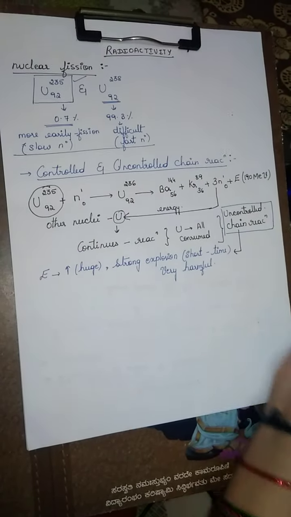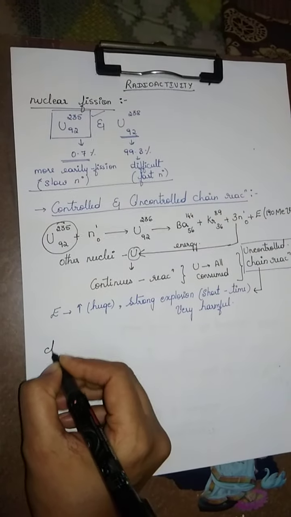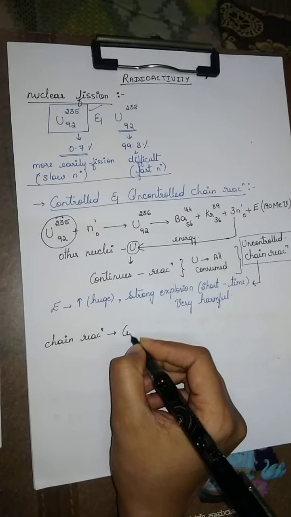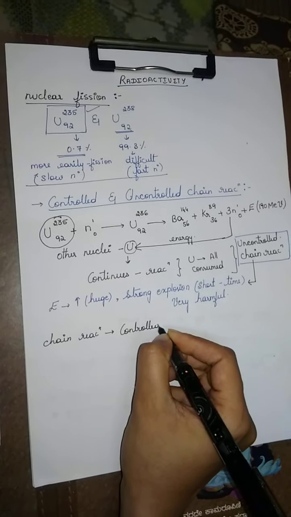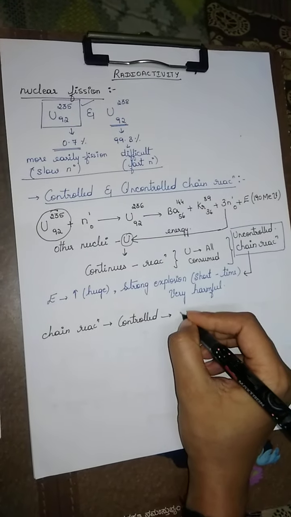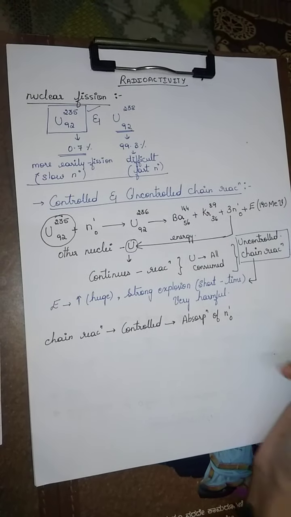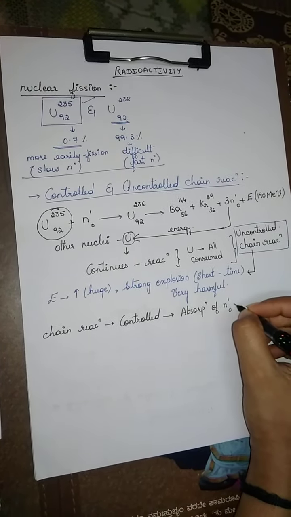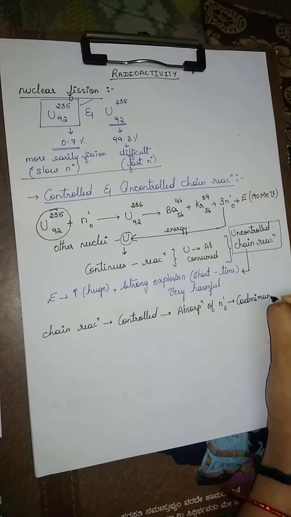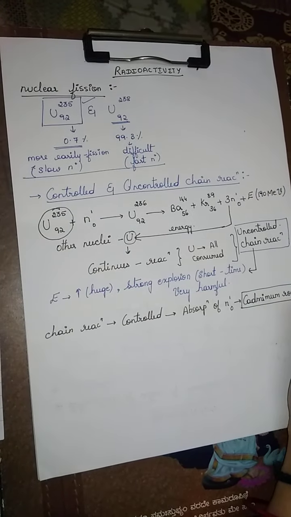Now what about controlled? How do they control it? The same chain reaction can be controlled. The way they control it is through the neutrons.